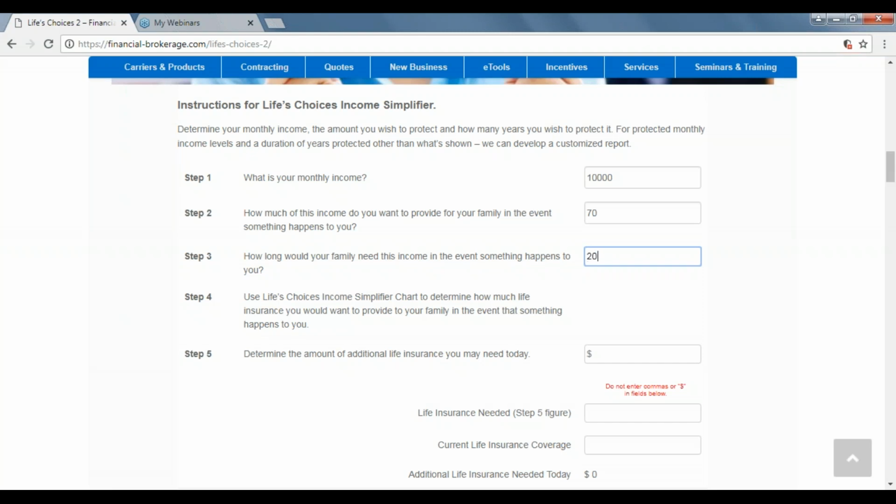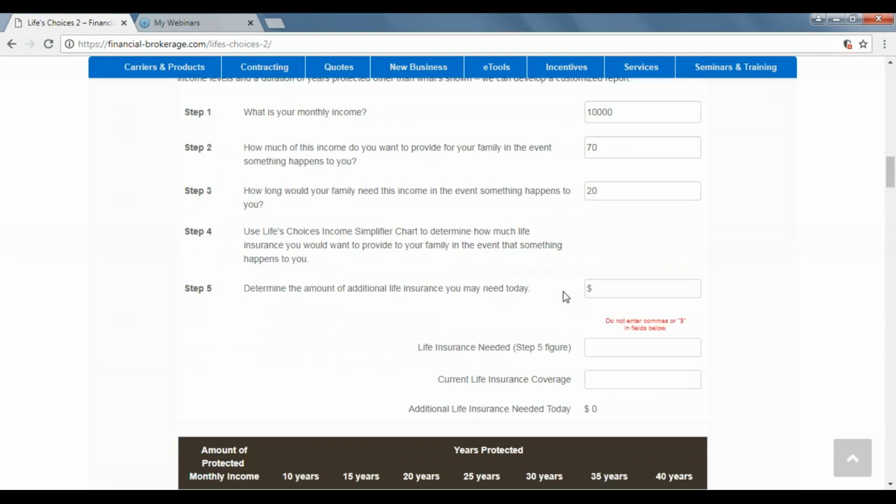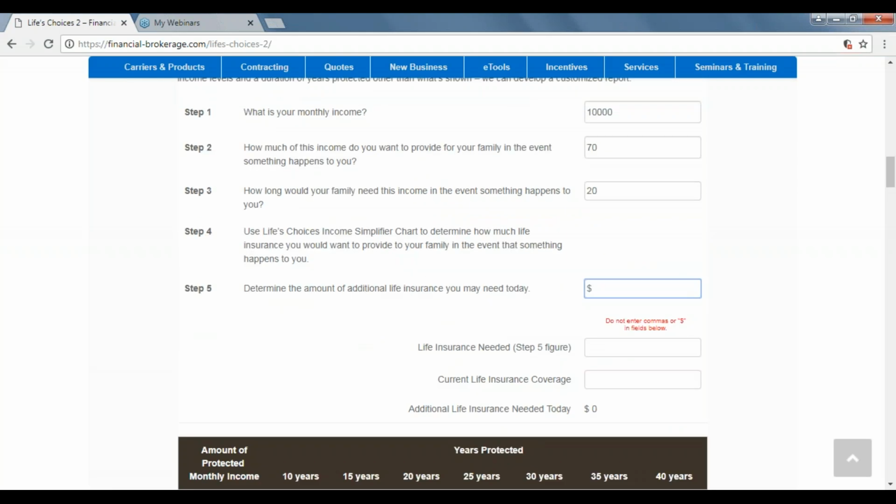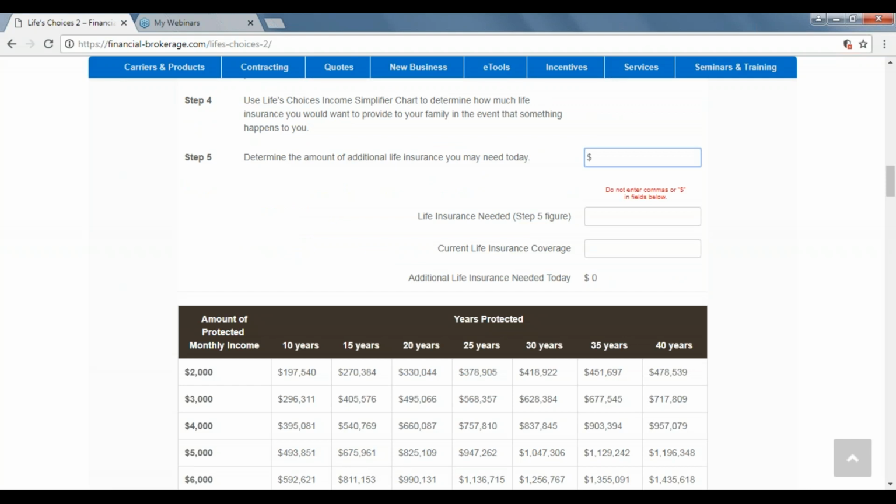But I'm going to keep things easy and say we want to provide that for 20 years right now. So if we do that, let's see here. I can move things around so I can see what I'm doing. Okay, we need to go next and look at the chart here. So we said 10,000 a month for 20 years.